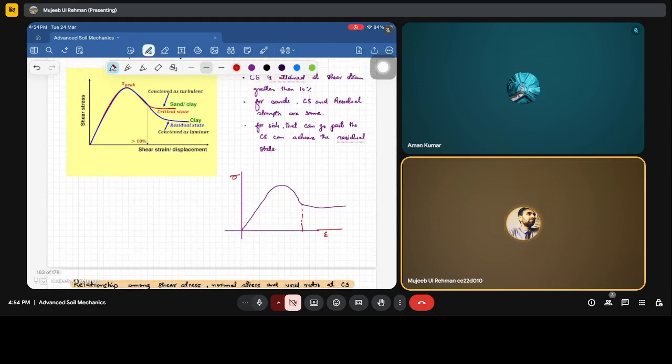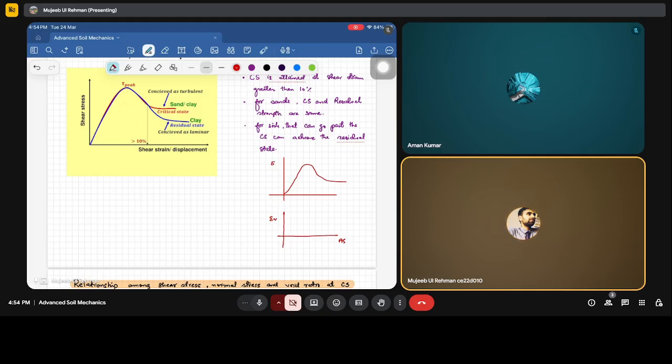Okay, we can show it. Just give me 1 second, I'll plot it properly. Fine, the stress-strain plot, and I will plot the volumetric strain versus axial strain.